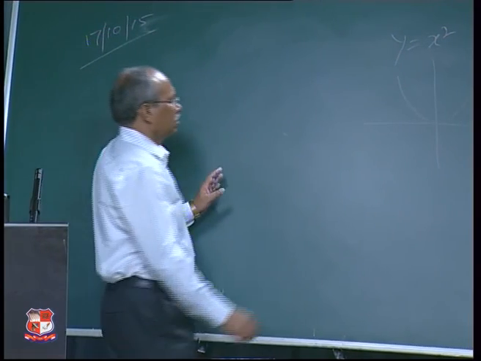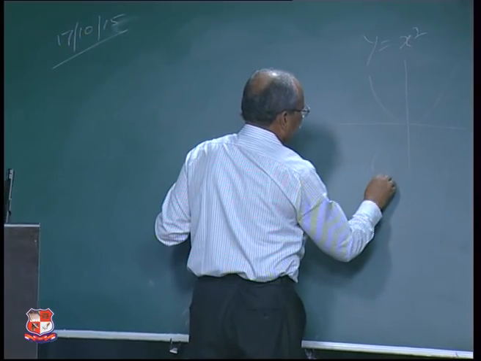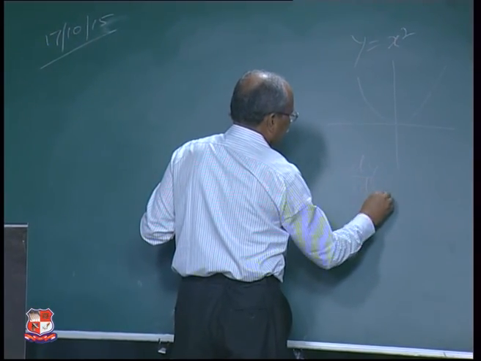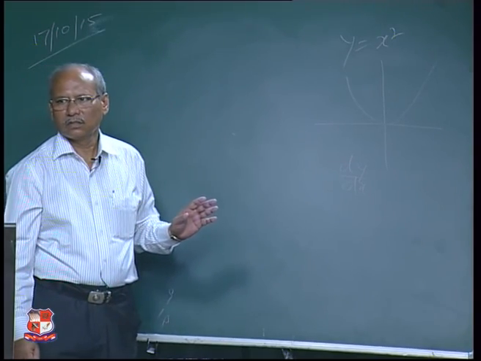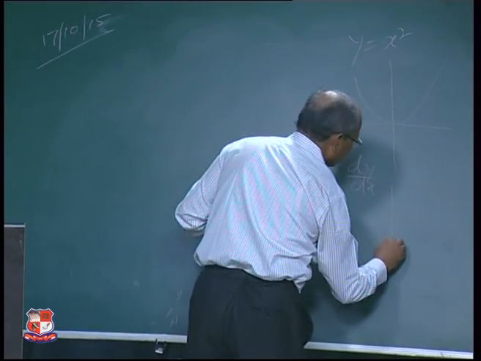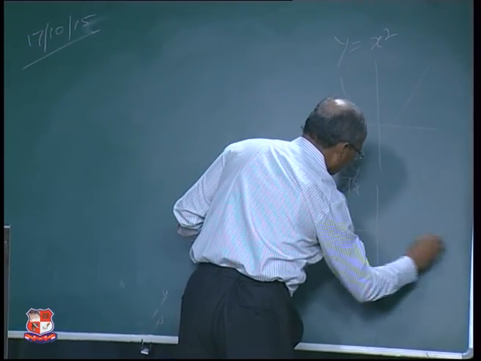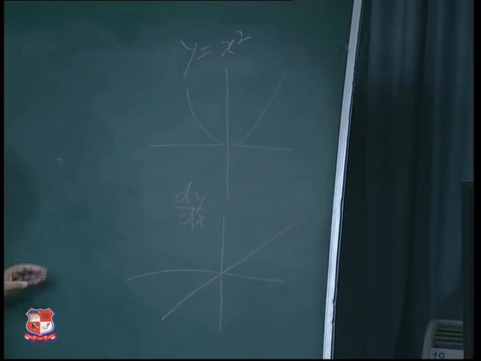And what will be the dy dx? 2x. How will this curve look like? Constant line. Constant line, very good. This is something like that.